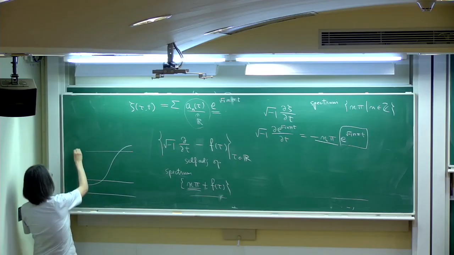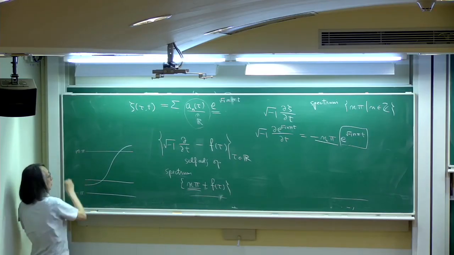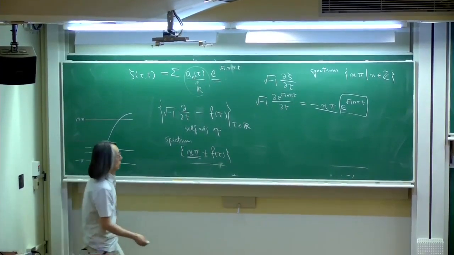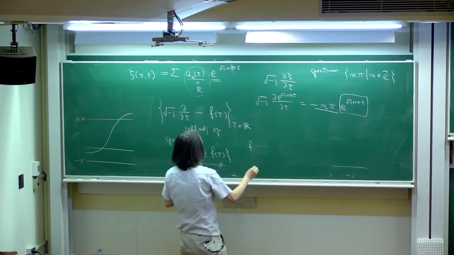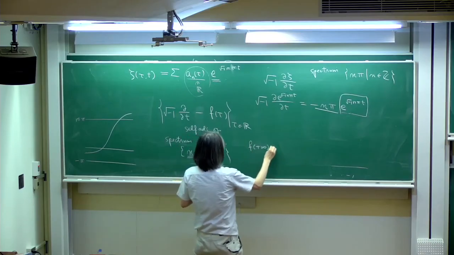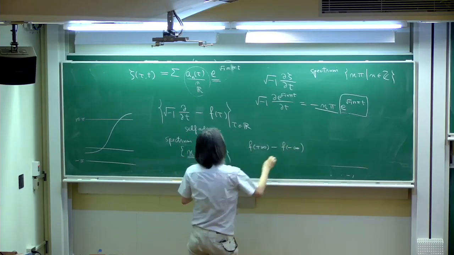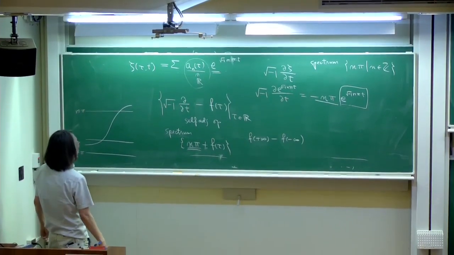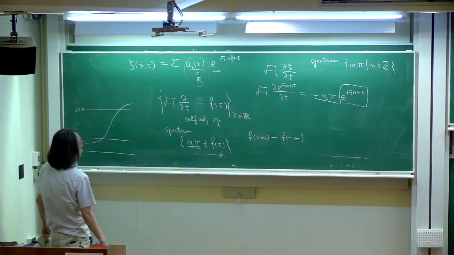This may be m pi. So I just look at the difference of values, so I take f of plus infinity minus f of minus infinity. Okay, sorry, this one is not good enough.